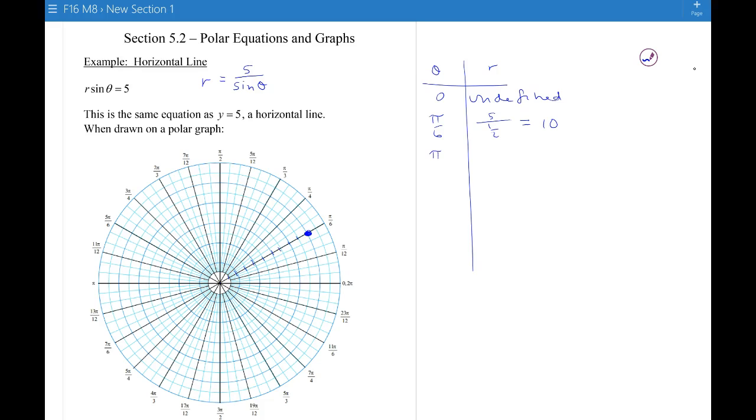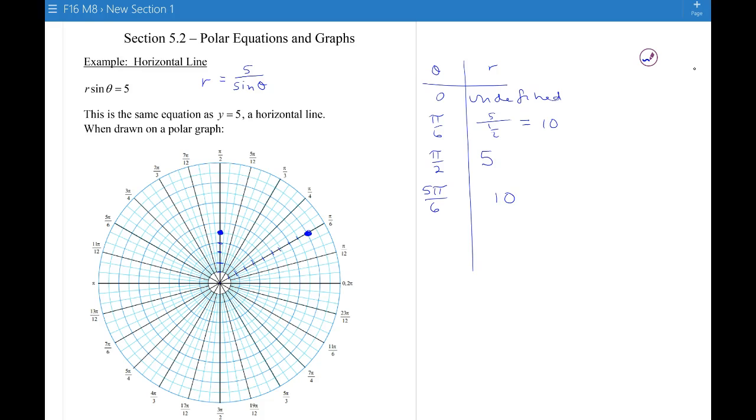So what if I have pi over 2? Well, now the sine of pi over 2 is 1, so I just get that r is 5. So when the angle is pi over 2, I go 1, 2, 3, 4, 5 away from the pole. Then if I have 5 pi over 6, the sine is a half again.